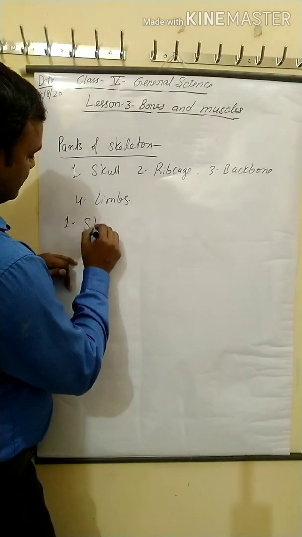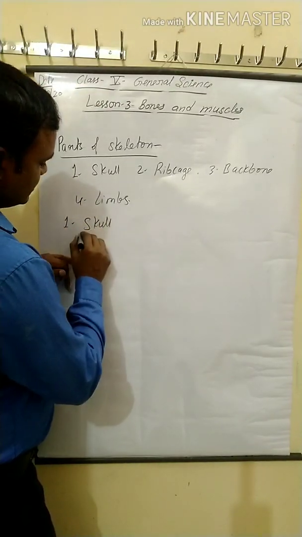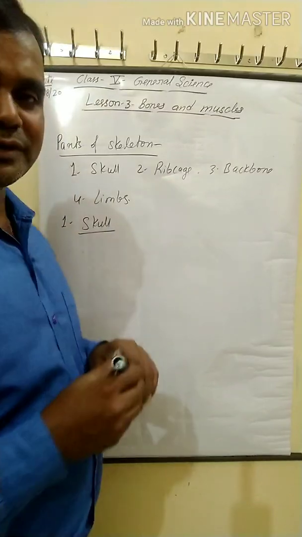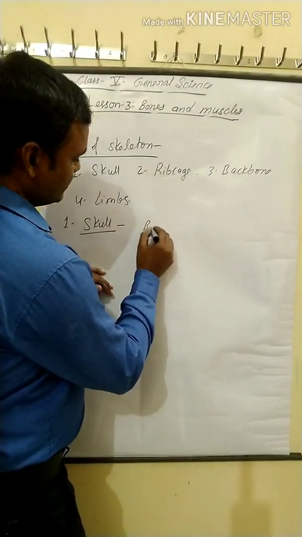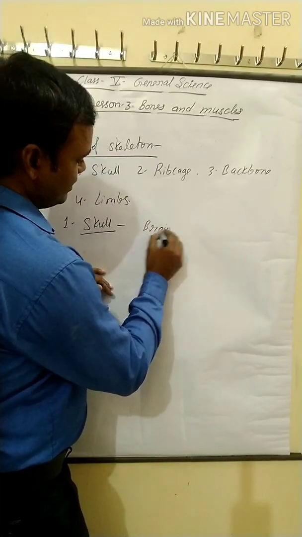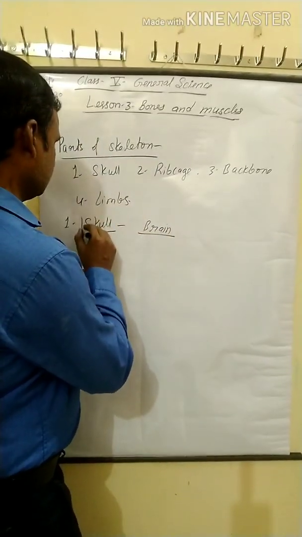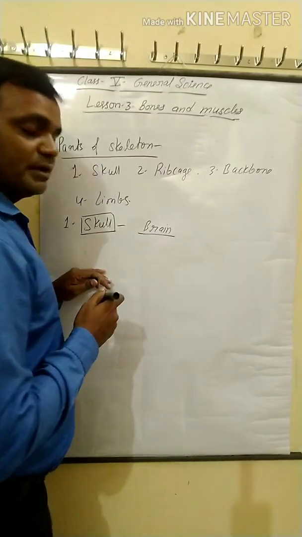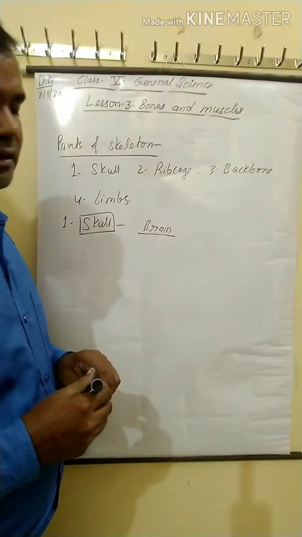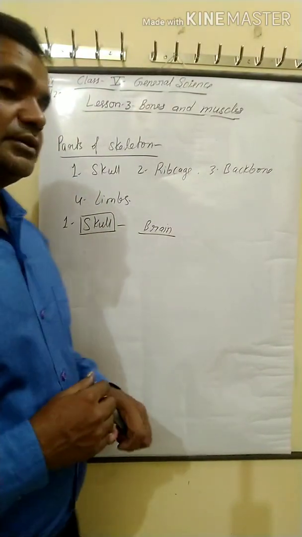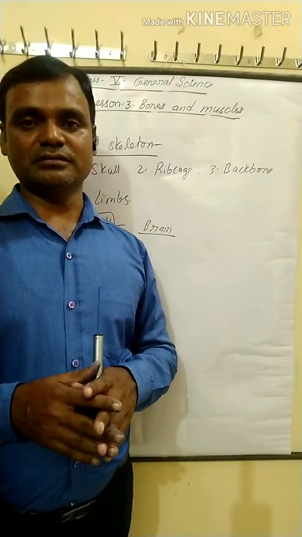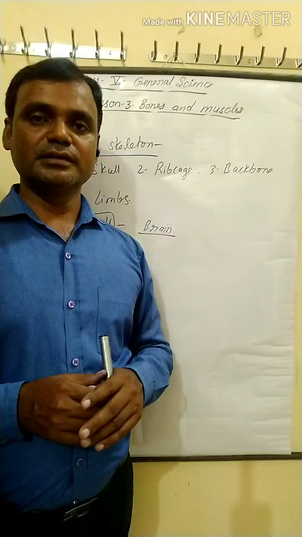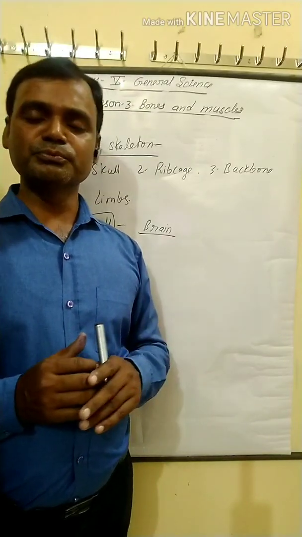First, skull. You know that the skull protects the brain, and the skull is the hardest part of the body. In the skull, bones are joined in a fixed way, meaning they do not move.